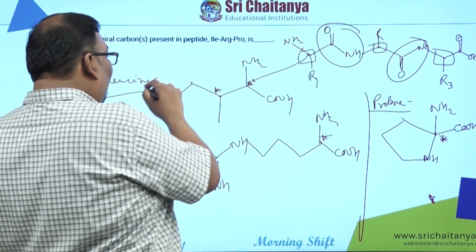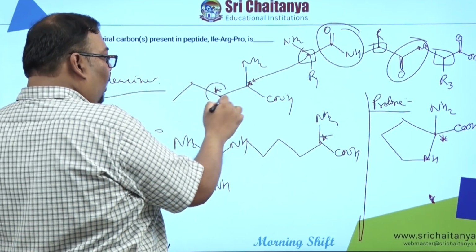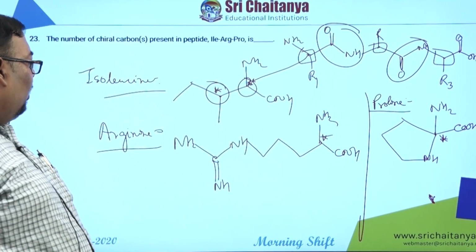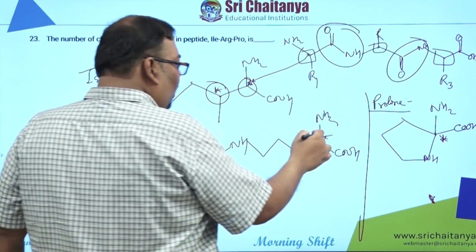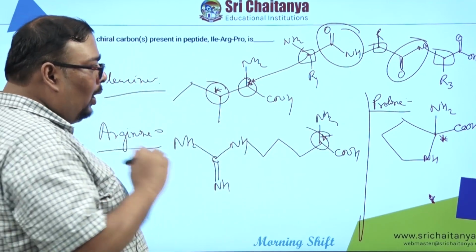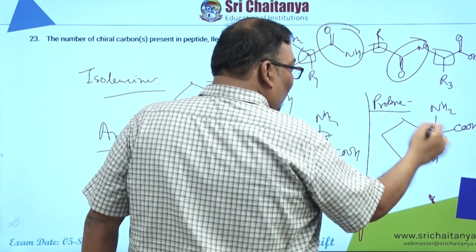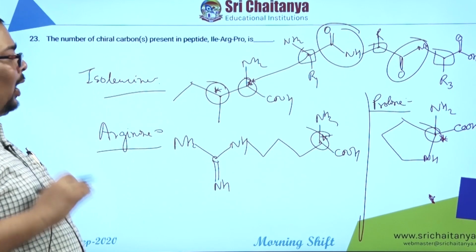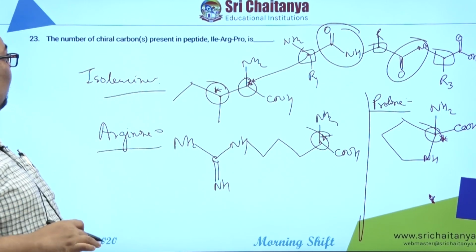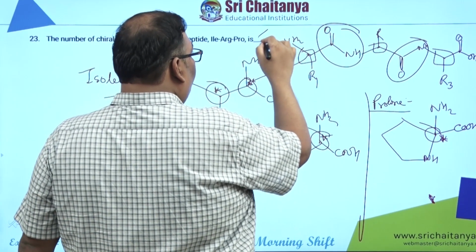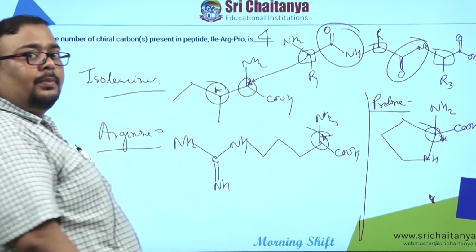In case of isoleucine, this chiral carbon and this carbon, there are 2 chiral carbon centers. In case of arginine, there is only 1 chiral carbon center, which is here. And in case of proline, again there is only 1 chiral carbon center, which is this. So the total number of chiral carbon in this tripeptide will be equal to 4, and that is the answer.